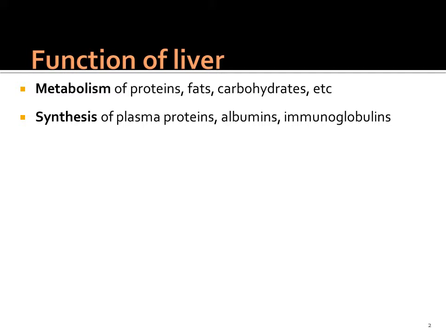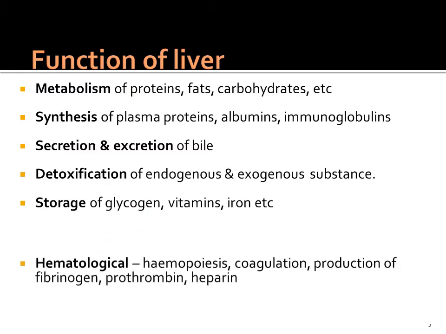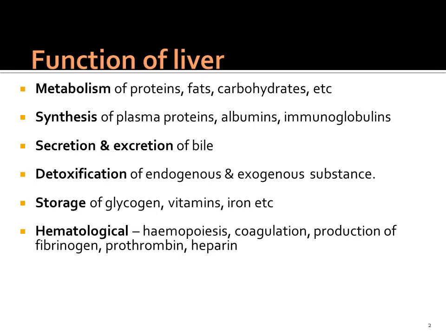It has synthetic function in the form of synthesis of plasma proteins, albumin, immunoglobulin, then secretion and excretion of bile, detoxification of different endogenous and exogenous substances, storage of glycogen, vitamins, iron, etc., and hematological function in the form of hemopoiesis, by synthesis of coagulation factor, production of fibrinogen, prothrombin, heparin. So these are the major functions of the liver.